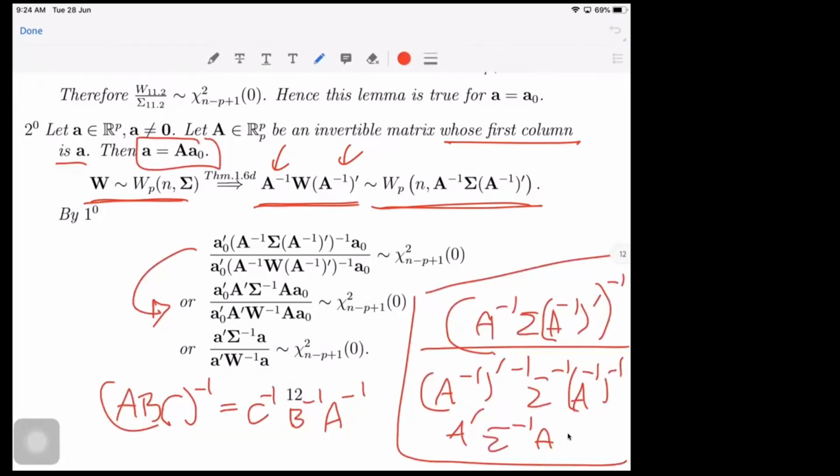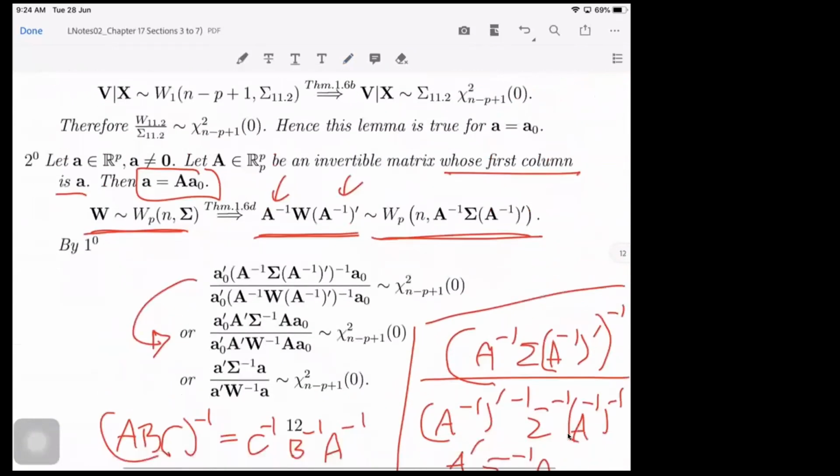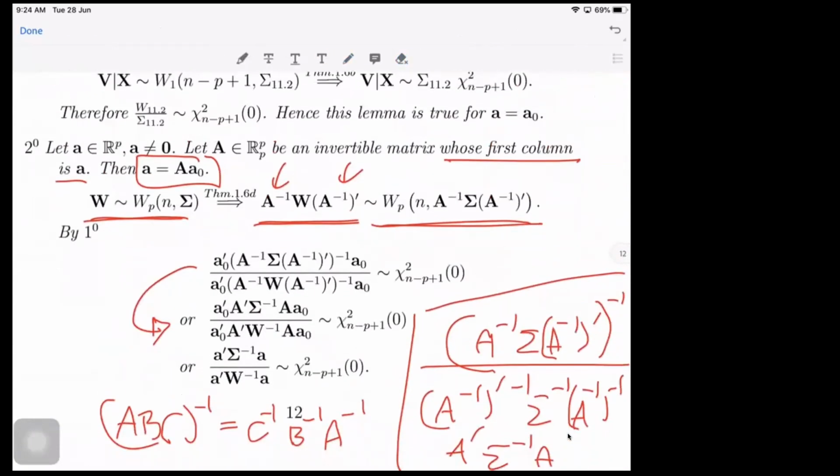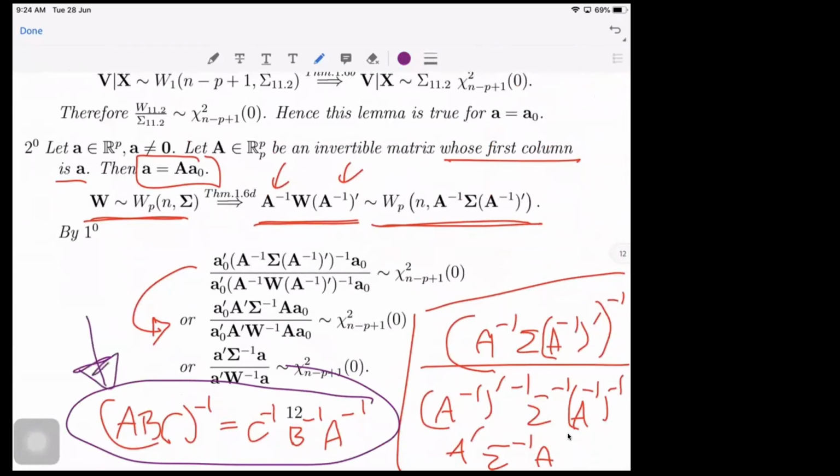Kini. This one. Do you have results for this? Is that properties of inverse of matrices? Because that is what happened there. And then A inverse is just A. Is that correct?